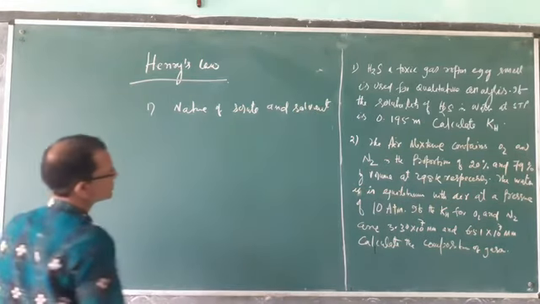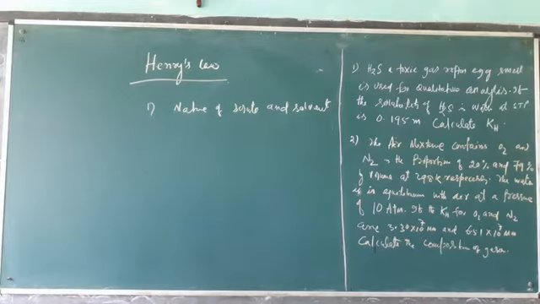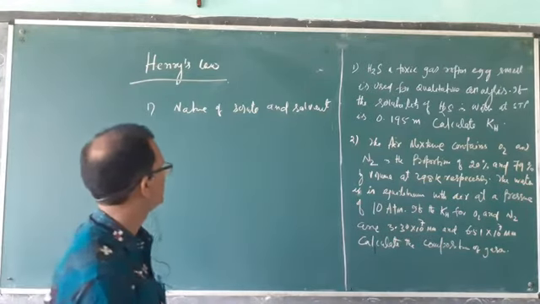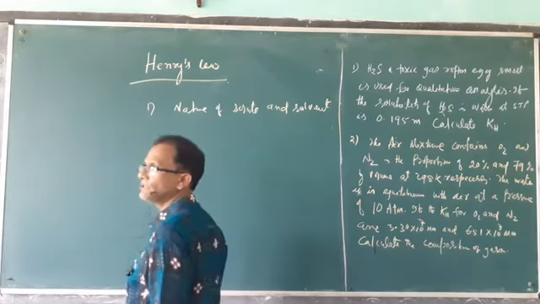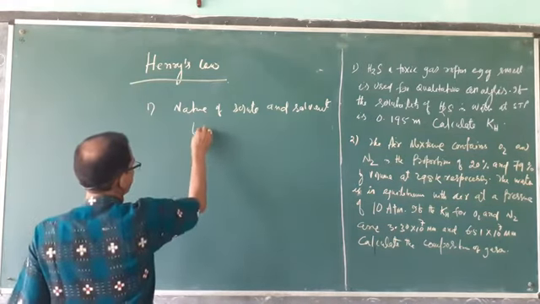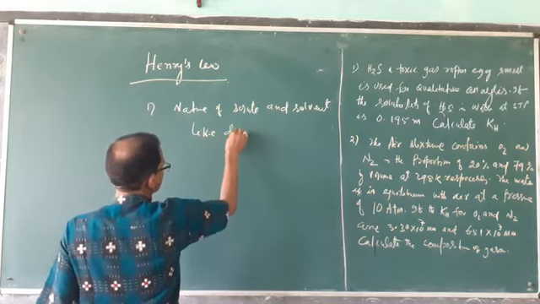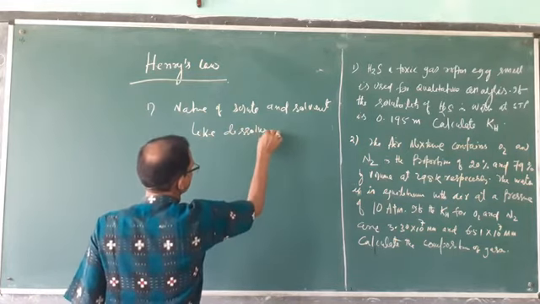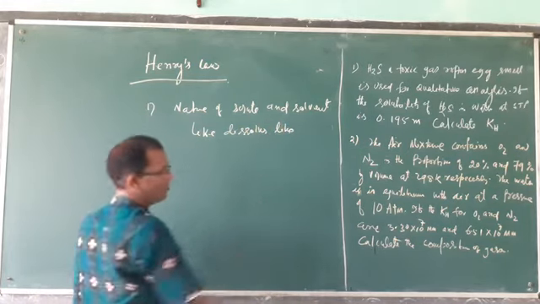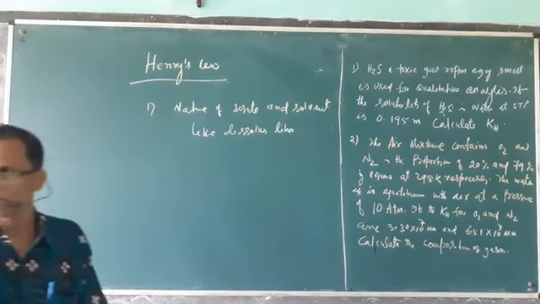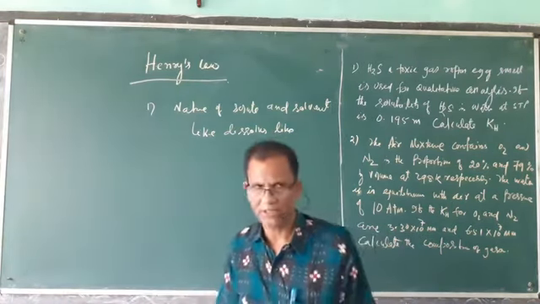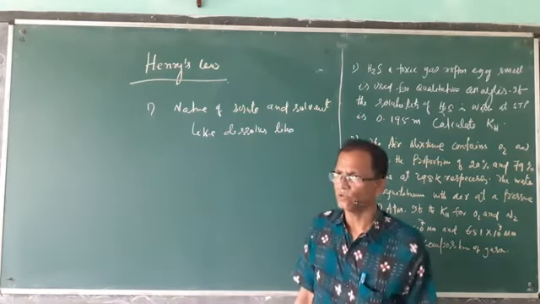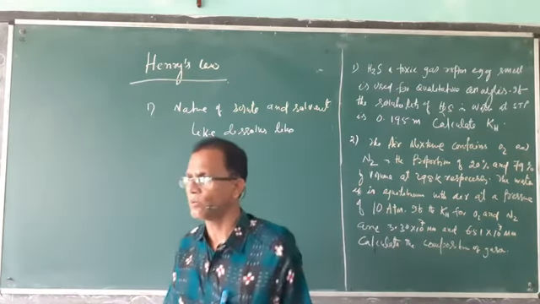Both their natures are very important to preparing a solution. That is called like dissolves like. Like dissolves like means polar solute dissolves in polar solvent, non-polar solute dissolves in non-polar solvent.